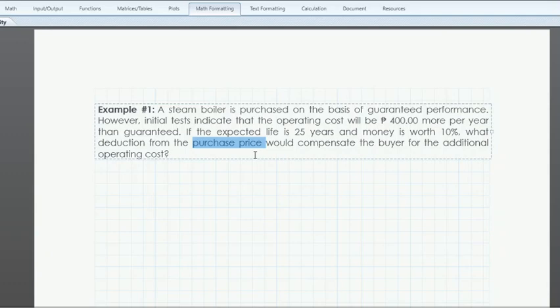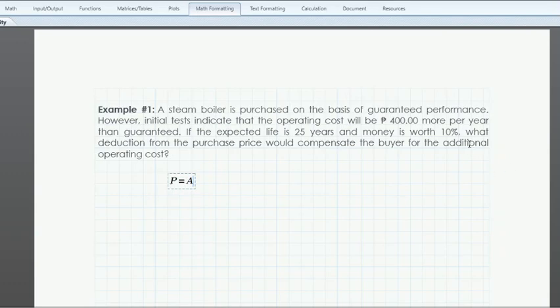We are looking for the present amount nung pera na meron tayo. So if we are looking for the present worth, ang gagamitin natin, syempre, formula is yung P is equal to A. But then, we have different formulas for P. Alin ba ang gagamitin natin? Yung mayroong mathematical expression na E o yung wala?